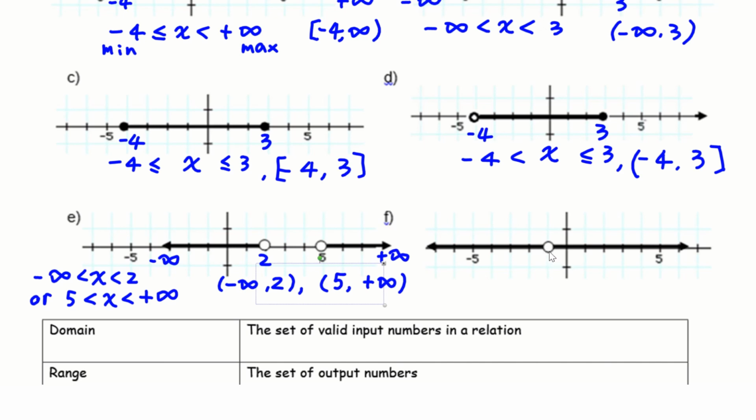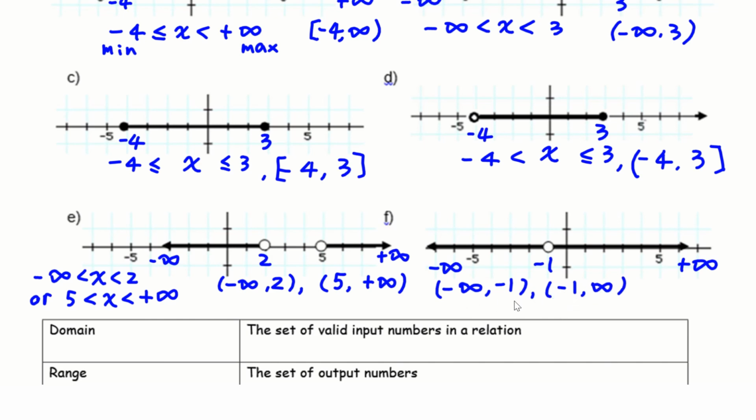So this one is from -1 to the left and -1 to the right. So you could write it separately. It's negative infinity to -1, open dot, no squared bracket. So it's just a regular bracket.